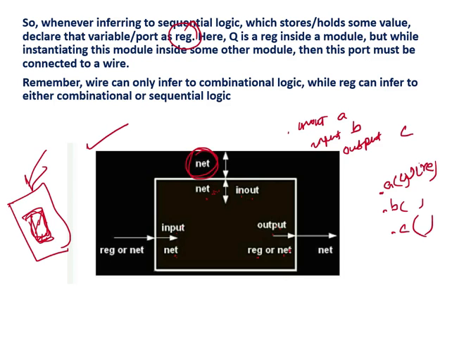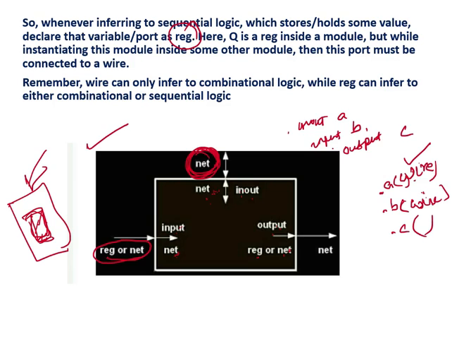See, if it is an inout, then in the instance you have to connect that one to a wire. This is a wire type. If B is the input, it has to be wire type, net type, whatever signal you put inside the parenthesis. For input, either it has to be a wire type or it can be a reg type also.